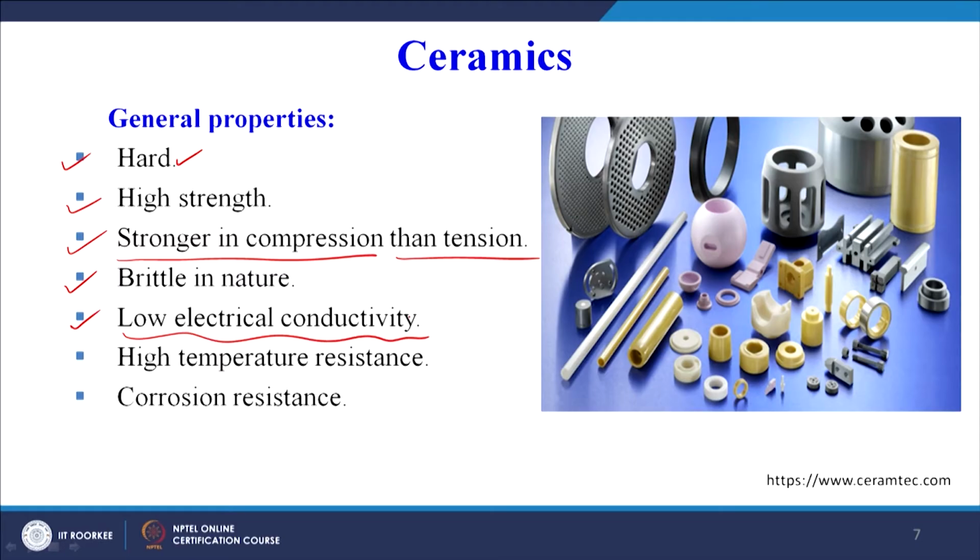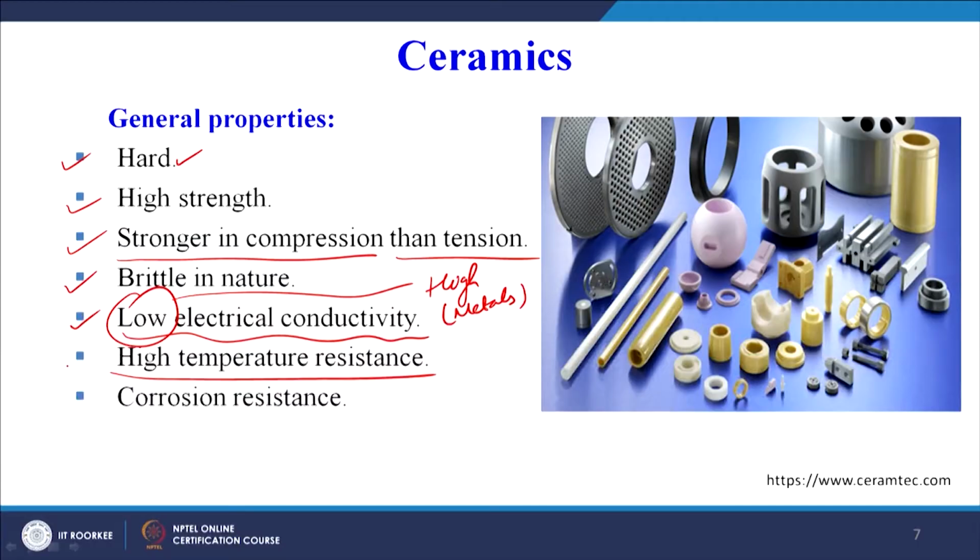For metals this low is replaced by high, which means metals have high electrical conductivity, whereas ceramics have low electrical conductivity. So we can select metals where electrical conductivity has to be ensured, and wherever electrical insulation is required we can choose ceramics because they have poor electrical conductivity.